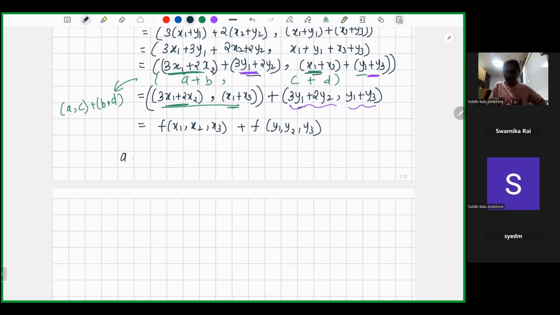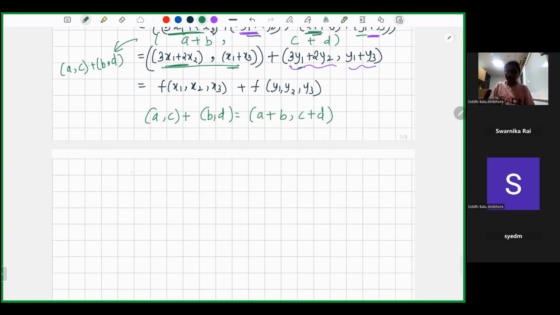We define addition in R2 like this: (A, B) plus (C, D) is equal to (A + C, B + D). And so if I have this, I can also do this.